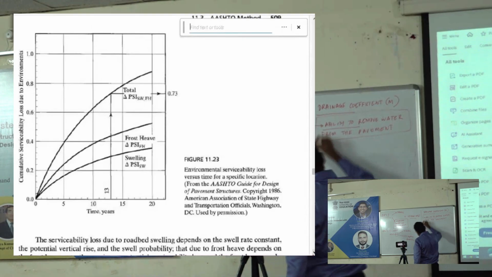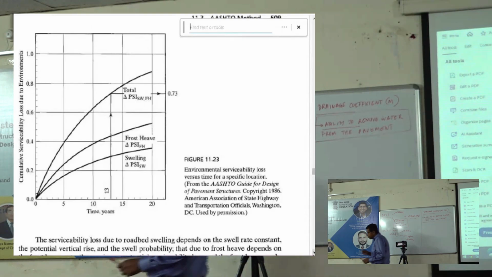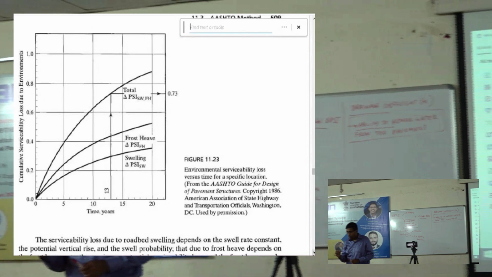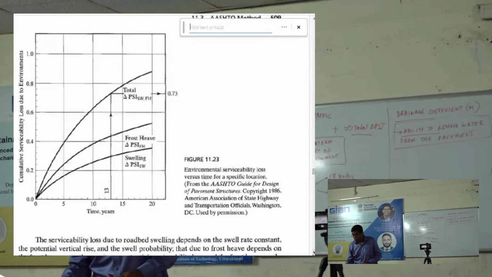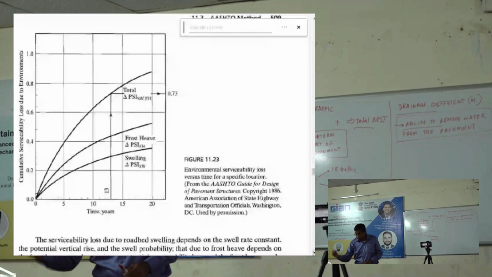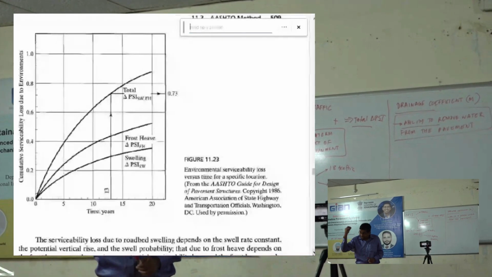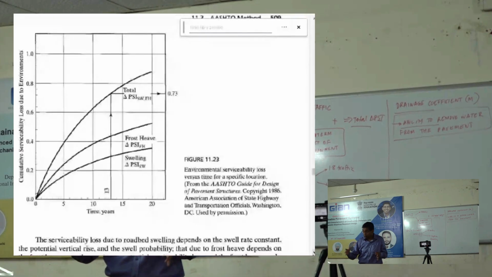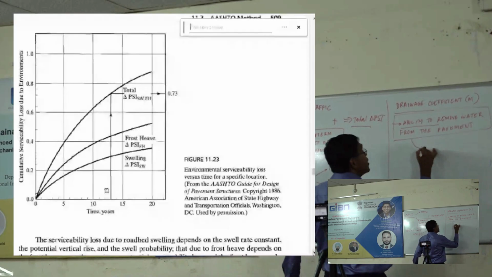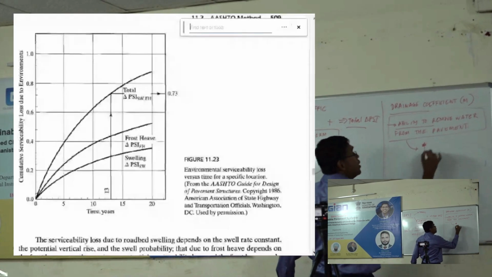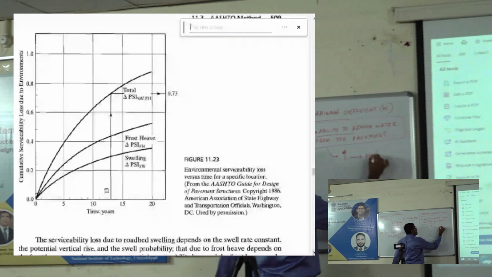So what it is saying is, if the layer holds water, it is not as good. If it is a base or sub-base, if that layer allows the water to go through, remember water is the big problem, right? Freeze-thaw problem. So the ability to remove water. So if the ability to remove water increases, my drainage coefficient increases.